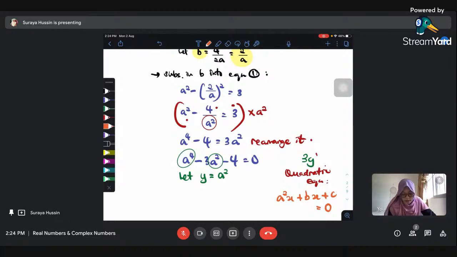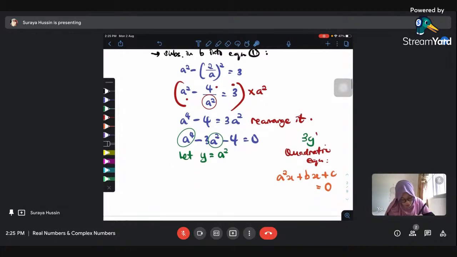Okay, so this is what I meant. Power 1. Untuk second term, saya kena make sure dia jadi power 1. Okay, that's why I put y equal. I just let it. Okay, let it. This is a good way of replacing it. Kita nak menggunakan y ni sementara sahaja. Okay, so you tengok macam mana saya buat.